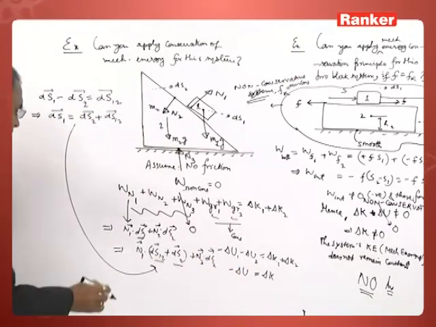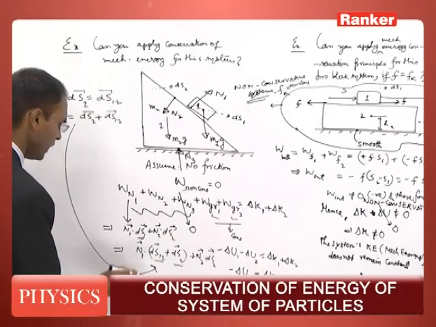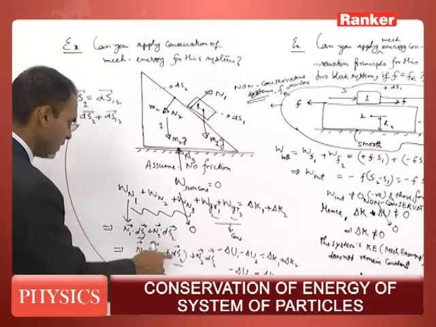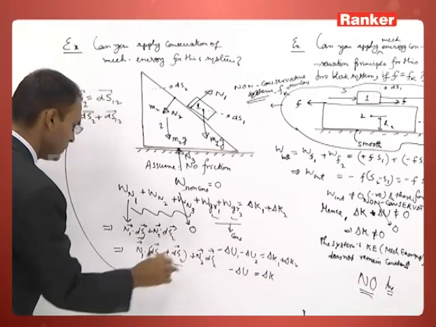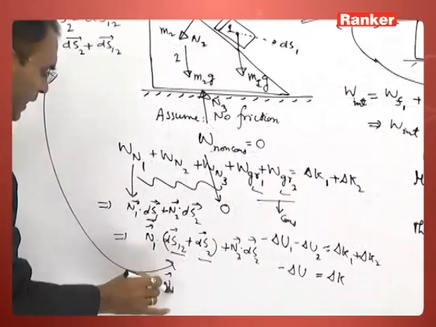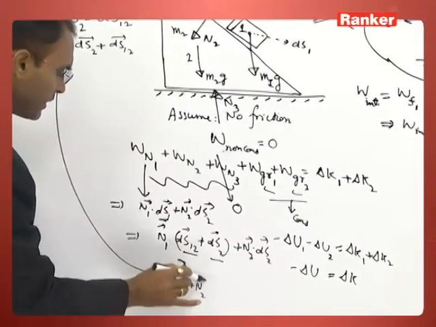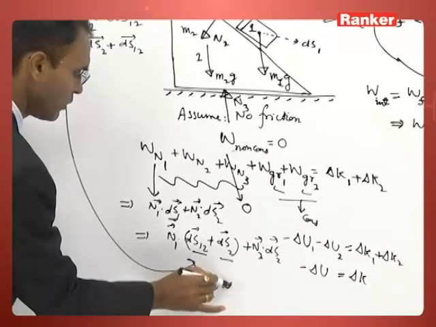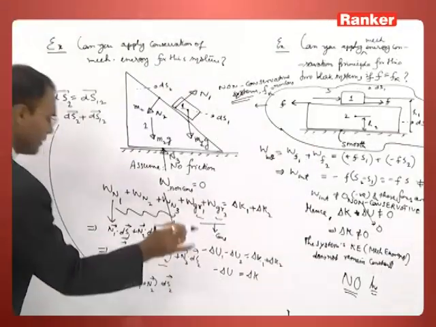The next step, you can just rearrange. Here ds2, here ds2. Take it common. You are getting N1 plus N2 dot ds2.